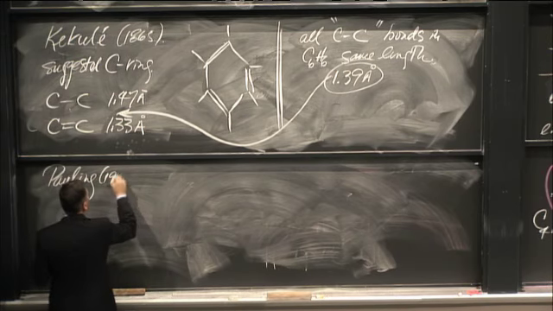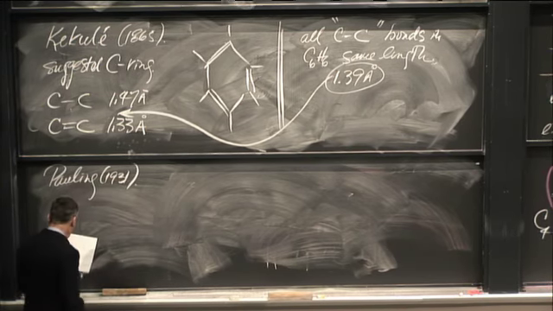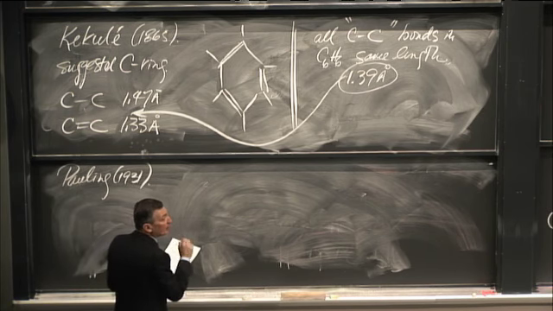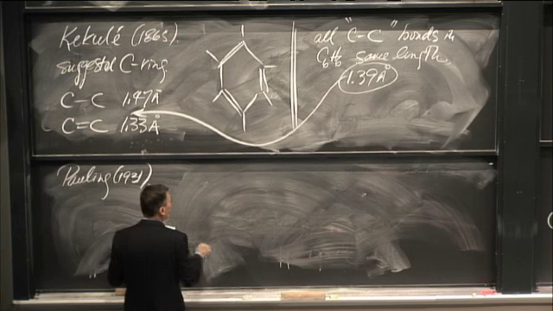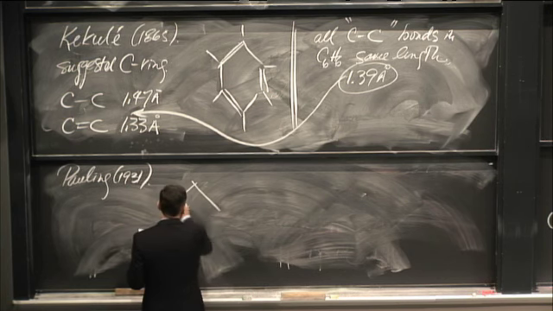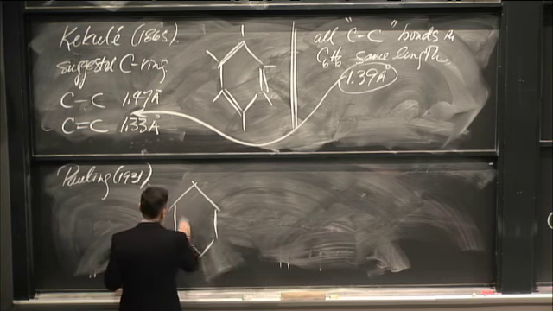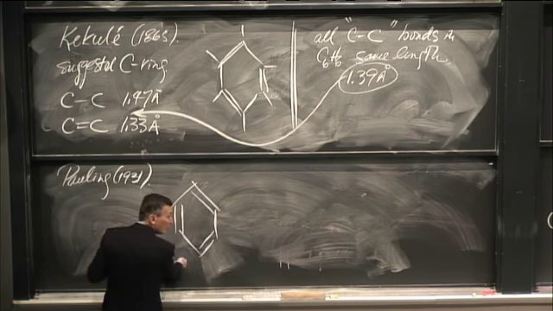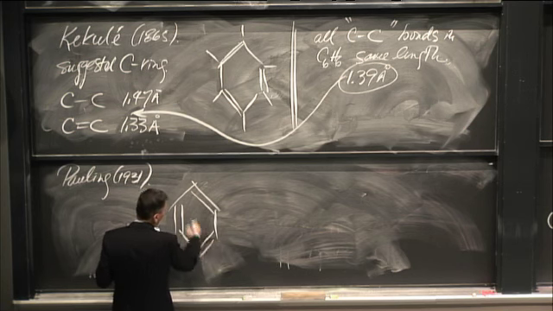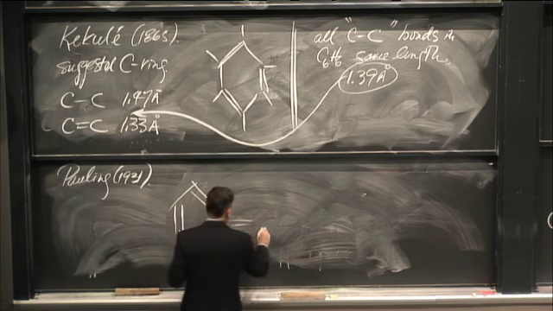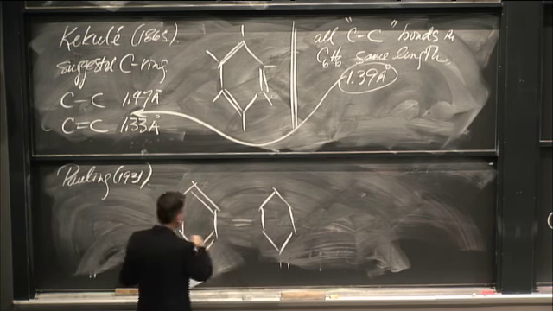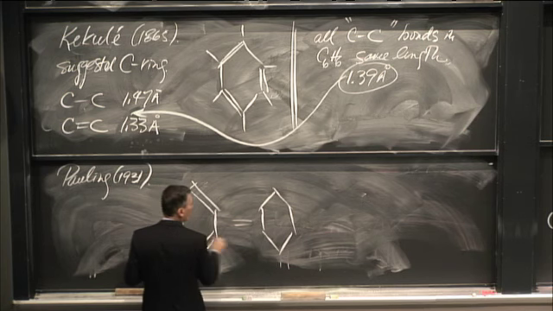Pauling, who in 1931 came along and said, what if we have a mix of two structures? And he said, suppose you had something that looked like so. So here's the set of double bonds off of the ring. And what if there was a resonance with an opposite hybrid where this double bond, instead of being here, goes over to here?